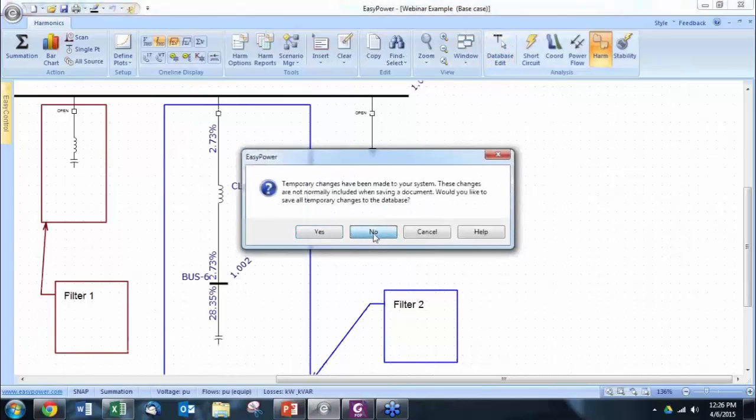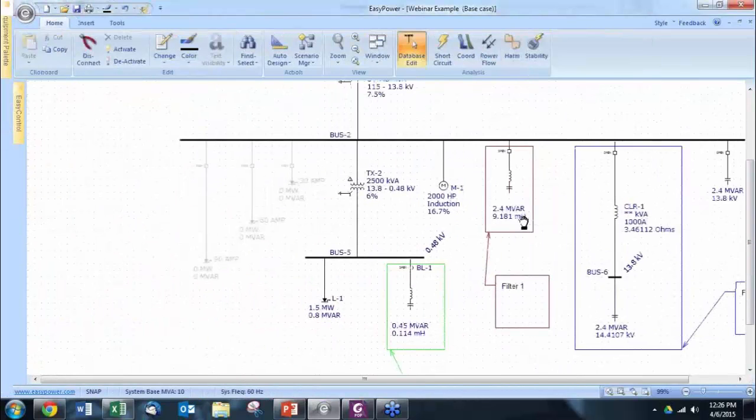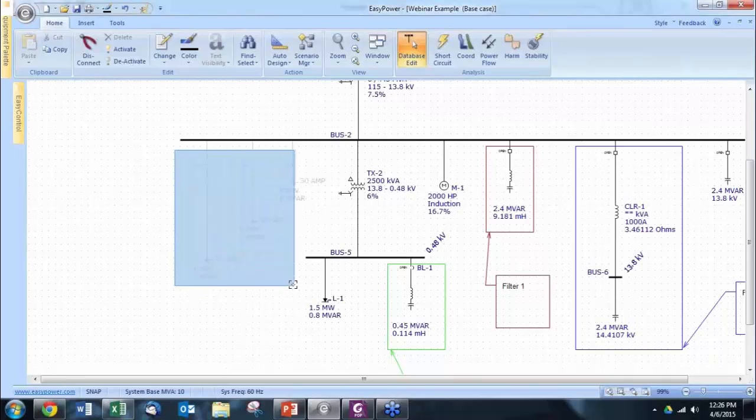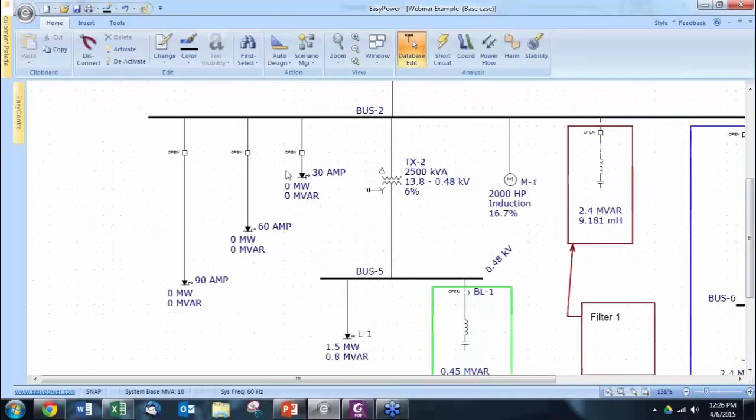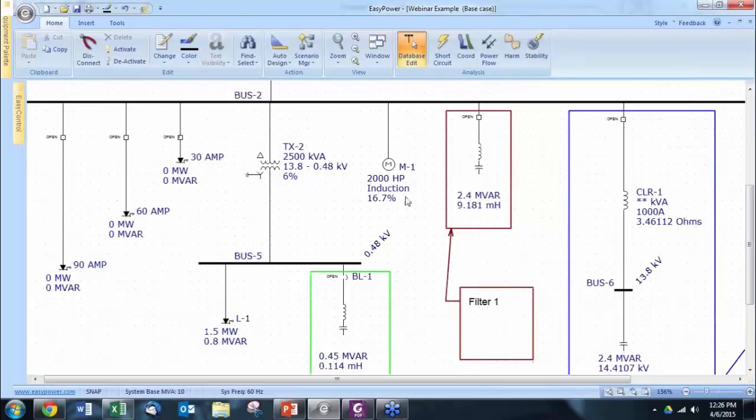But check this out. These loads only draw harmonic current. They do not draw power. 0 megawatts, 0 and 0. They are just intended for harmonic current. This is a teaching purpose.